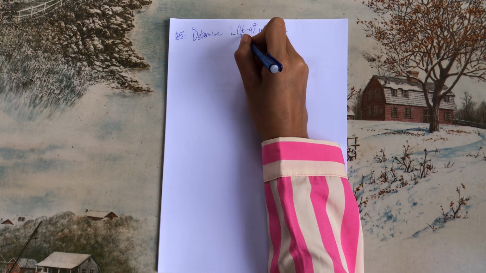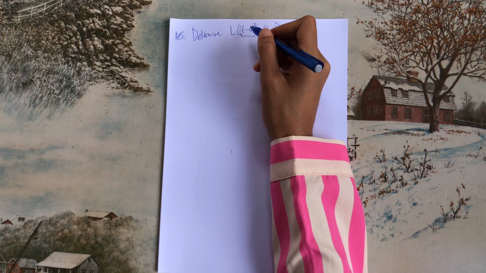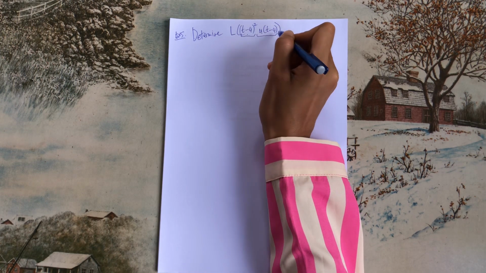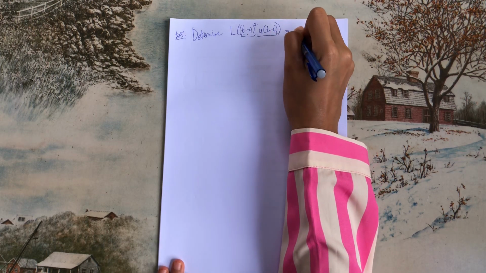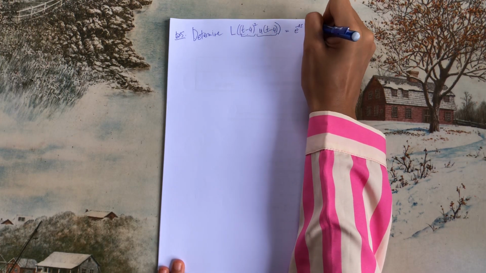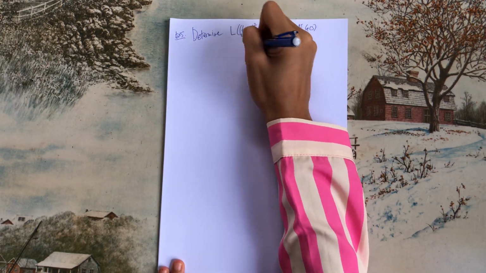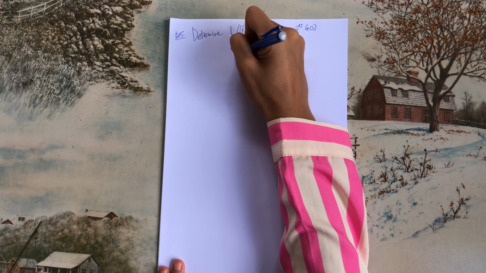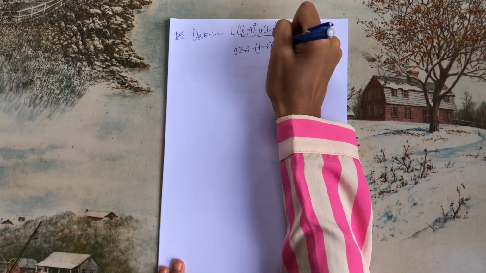Clearly you can see there are two terms consisting of t minus a, which is t minus 4. So this is a unit step function, and we know the answer is e to the power of negative a s times G(s).